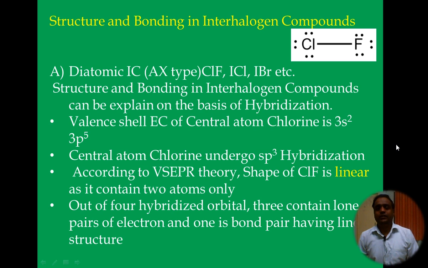We will see the structure and bonding for each class, that is for XY, XY3, XY5 and XY7. One example each time we are going to see, so that you will get a better idea about what is the structure and bonding present in interhalogen compounds.